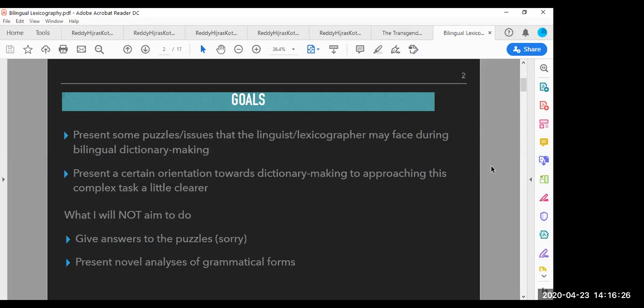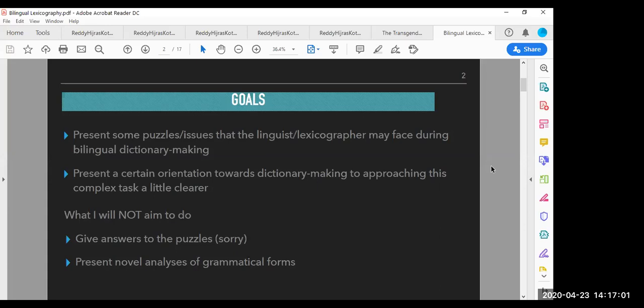I want to present some puzzles that linguists or lexicographers might be faced with when they're working on a bilingual dictionary. And I want to present a certain orientation towards dictionary making that can help in approaching these complex issues, because dictionary making is a very complex process in itself, and with bilingual dictionaries you're dealing with two languages with different structures and various other issues, so they are much more complex.